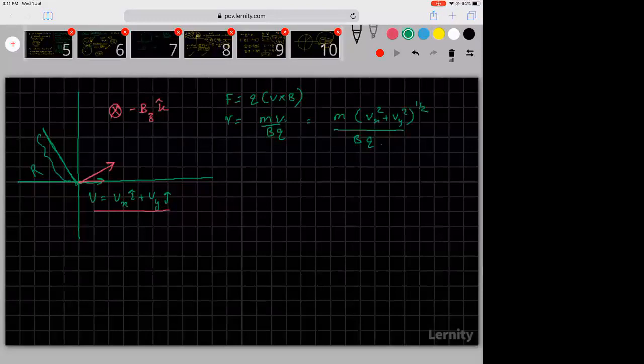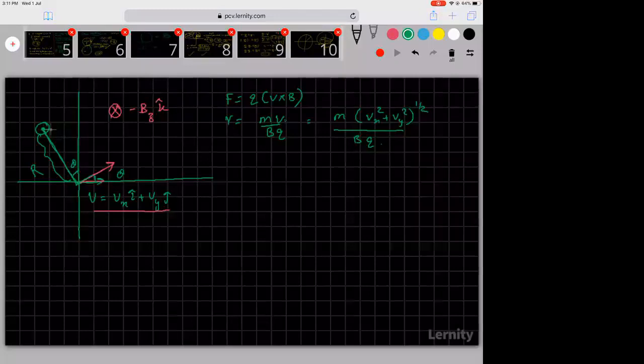Now the velocity vector is Vx i cap plus Vy j cap. I want to find out where this point is. So all of you mathematicians, can you help me? Do you understand that if this angle here is theta, this angle is also theta?